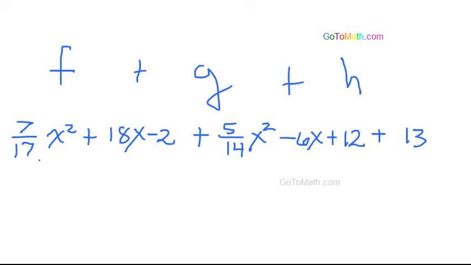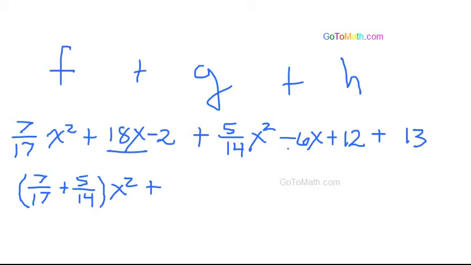Okay, so what we're going to want to do is collect up some like terms, and that's going to be the 7 over 17 and the 5 over 14. We're going to add both those together because we have an x with an exponent of 2 and exponent of 2. Right. So let's write it like this: 7 over 17 plus 5 over 14, and I'll let you figure out what that is. We've got a section on fractions. This is not supposed to be over fractions.